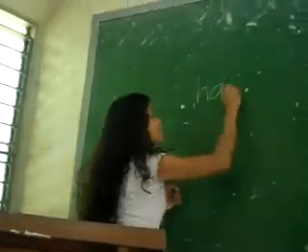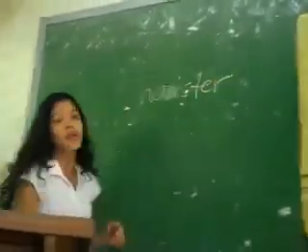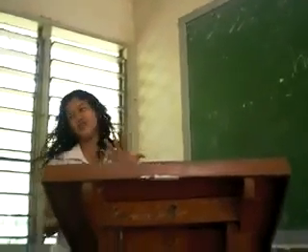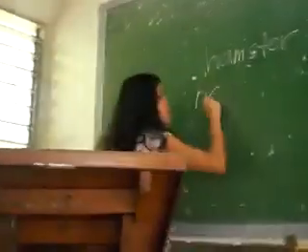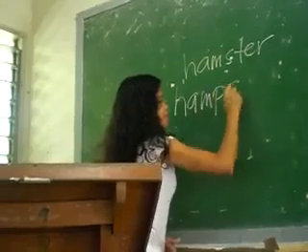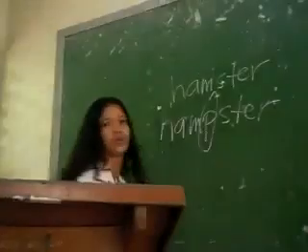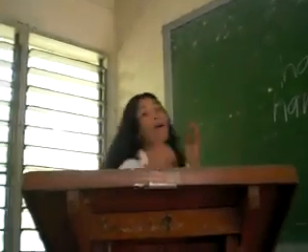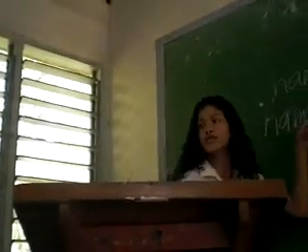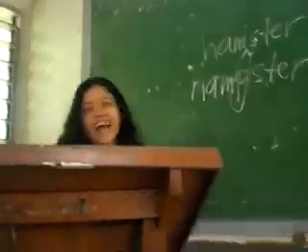Now, the correct spelling of hamster is this, but we can't hide it because when we pronounce it, it goes this way. So there is an insertion. Because P is inserted. We can't hide it because that is the rule of insertion.